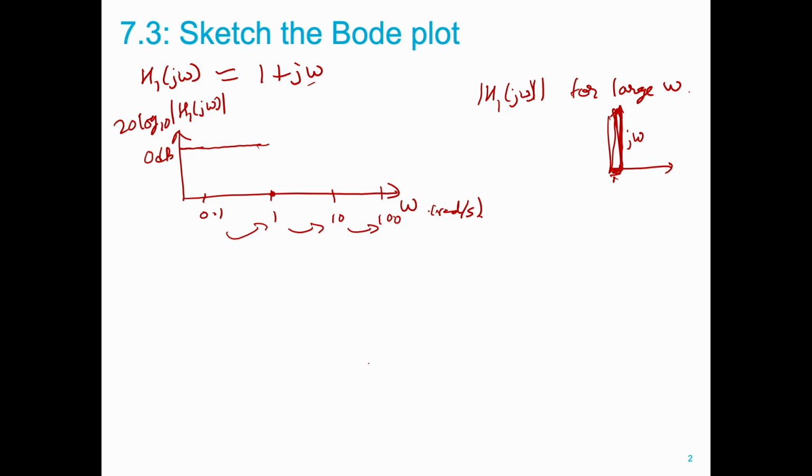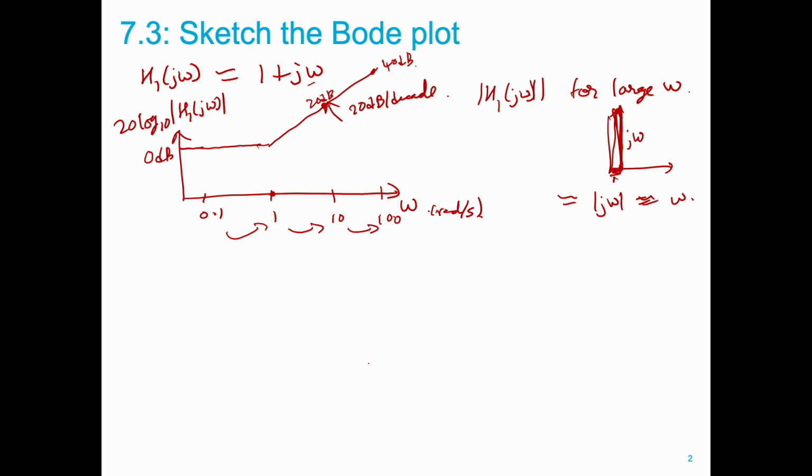The magnitude is approximately omega, so 20 log 10 of omega represents a straight line that goes up at 20 decibels per decade. When omega is 10, you have 20 decibels, and when omega is 100, you have 40 decibels in the Bode sketch.